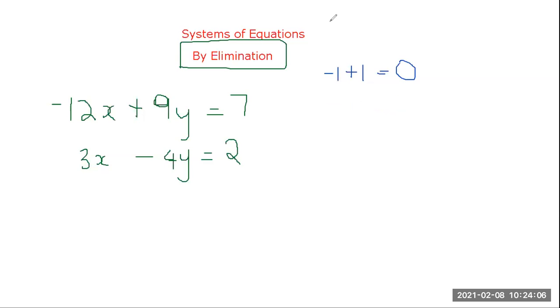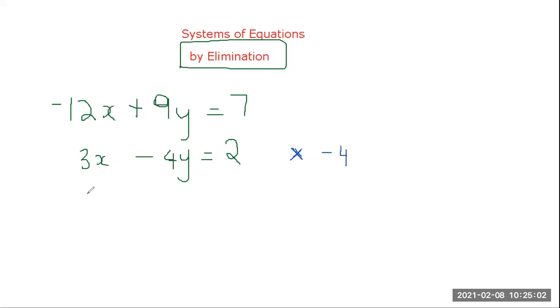In order for me to get a variable taken out, we're basically just canceling out the variable. So with this one, I have to multiply it by a -4, because if I multiply by -4, this becomes a -12.